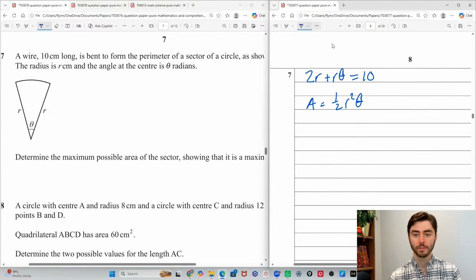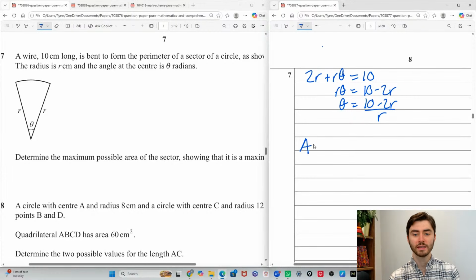So in other words, making theta the subject of this formula, r theta equals 10 minus 2r, and theta equals 10 over r minus 2, therefore.